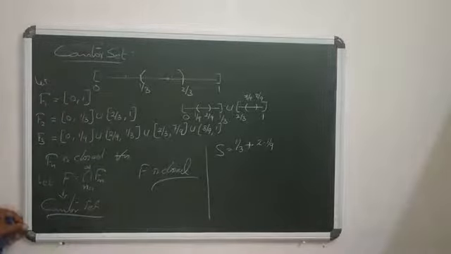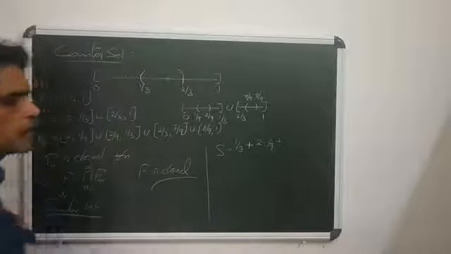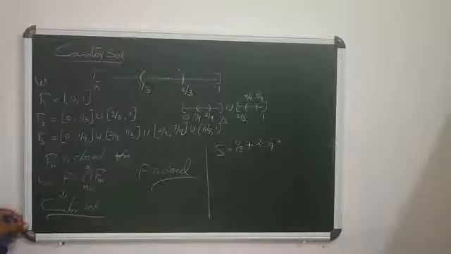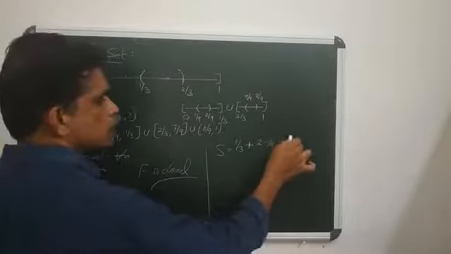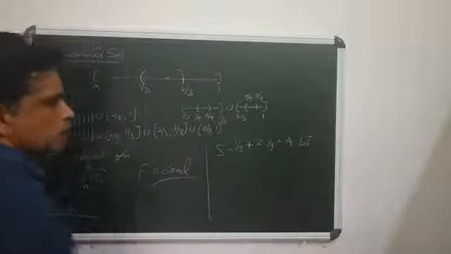Now the length of the next middle third intervals is 4 into 1 by 27, plus 6, like this.